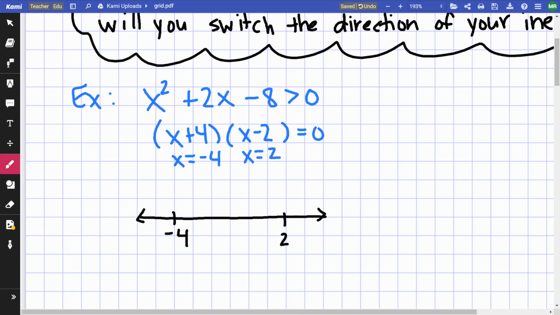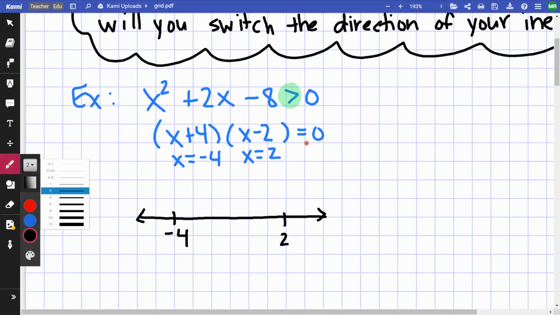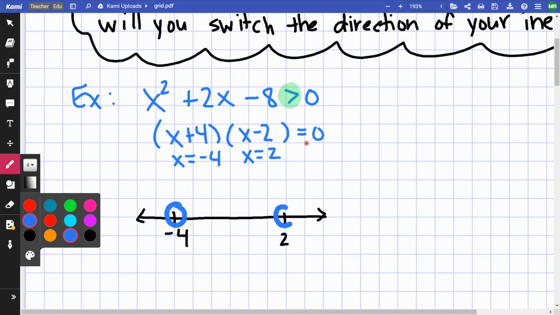I need to look at my original problem to decide if I should be having closed or open circles, because it's strictly greater than, okay, no equal. I'm going to have open circles at -4 and 2. These are not solutions because they're not going to make it greater than 0. They're going to make it be 0. So I'm going to have open circles there. Open circle here, open circle here.